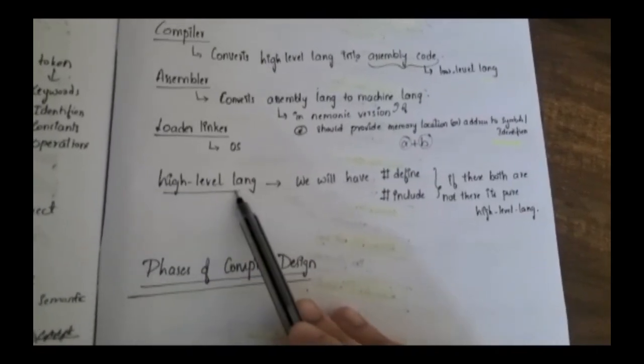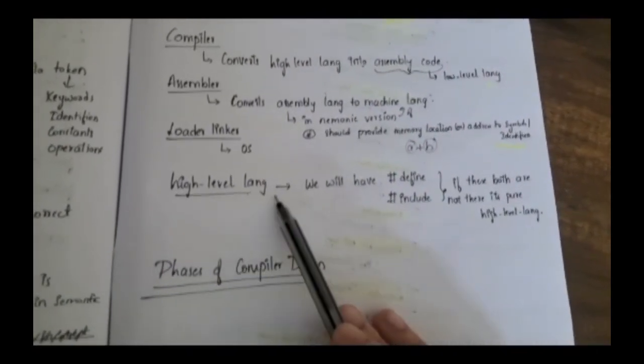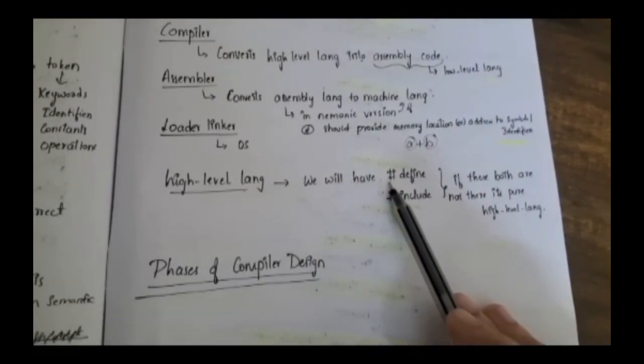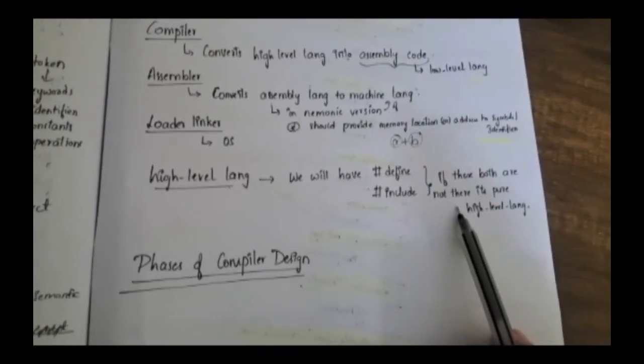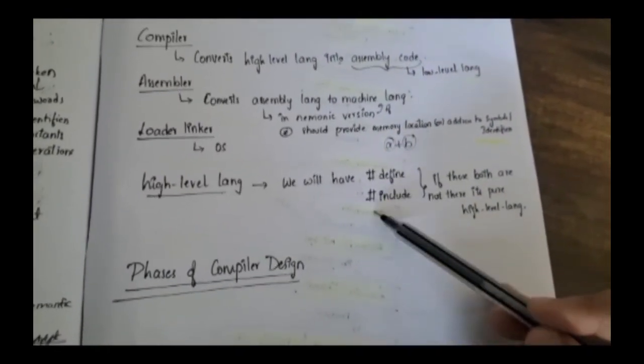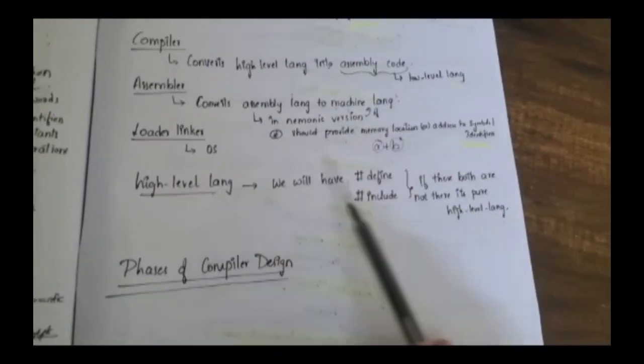Next we have the high level language. What do you mean by high level language? A high level language is something we write with hash define or hash include. Now what is pure high level language? If we do not have this hash define and hash include, that makes it pure high level language. So the difference between high level language and pure high level language is very simple.